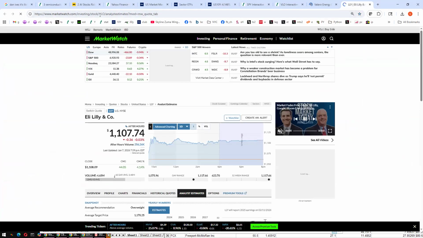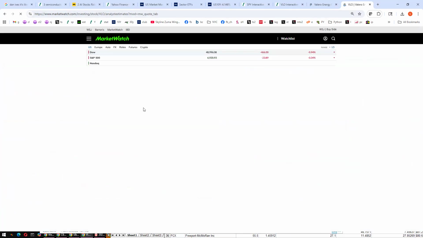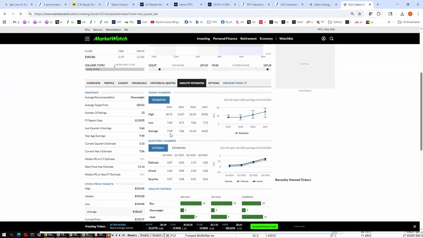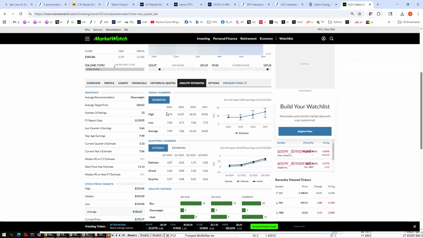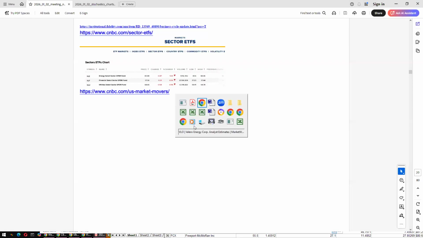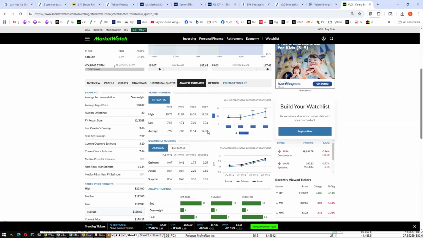Okay, the earnings estimates. You can see from last year to this year, there was negative earnings, but from this year to next year and next year to the year after, there is definitely growth there. So we're going to look at that.